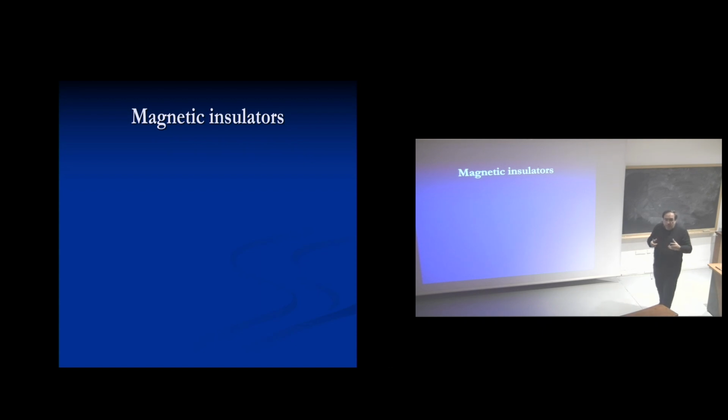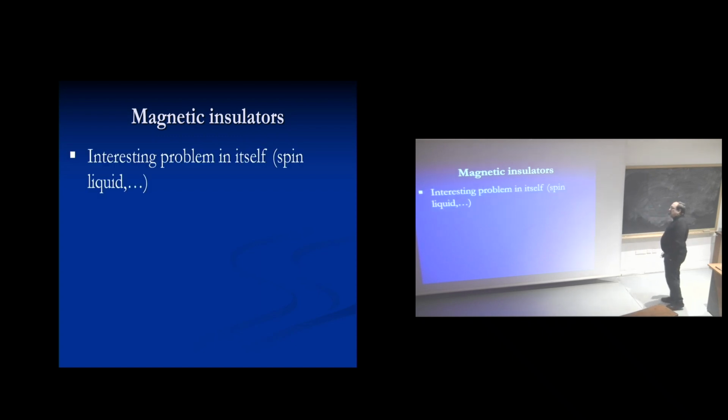But at the end of the day, one is usually left with very simple exchange paths, like nearest neighbor J, or things like this. So very often, the microscopic Hamiltonian of a magnetic insulator is known and measured directly by neutron scattering experiments. So you have really no freedom, and you are in the same situation as cold atoms, where you really know what Hamiltonian you're talking about, and I'll show you some examples.